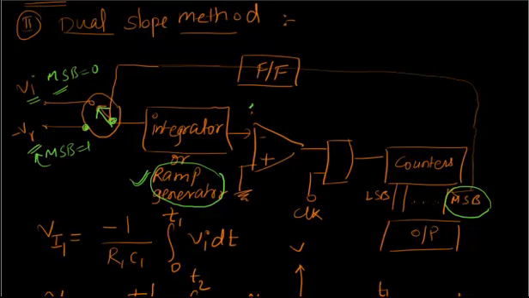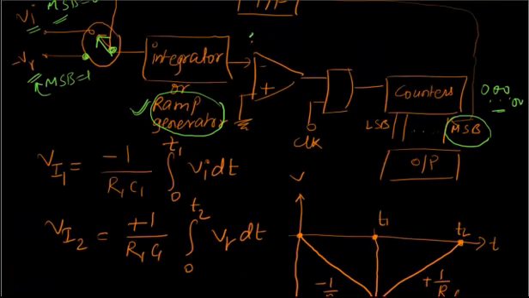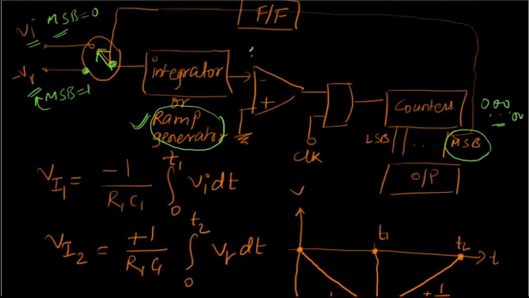Now see here, what happens here is, first we are in the reset state, so all the bits are zeros. Any number of bits, they are zeros. So when this is 0, this is connected to Vi, right? So Vi is anyway positive, so ramp generator comes to this comparator again.